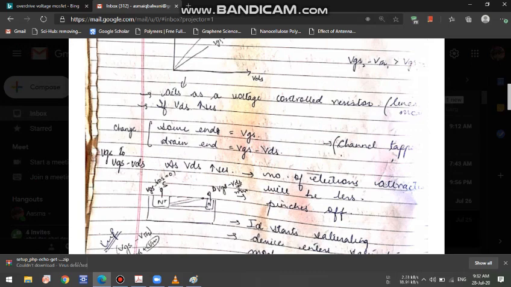So I can say that VDS increases from source to drain, or it decreases from drain to source. So at my source what I'll have is VGS minus VDS, but the value of VDS is 0 over there. So at my source I'll have VGS, and at my drain I'll have VGS minus VDS. VDS is maximum at the drain.